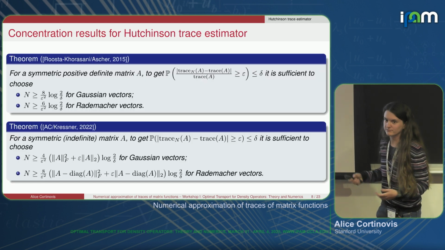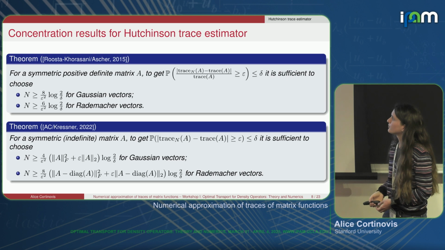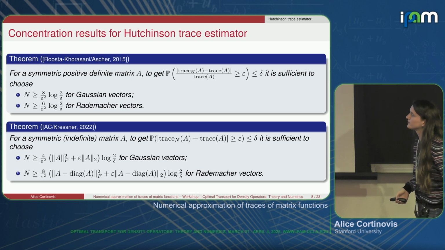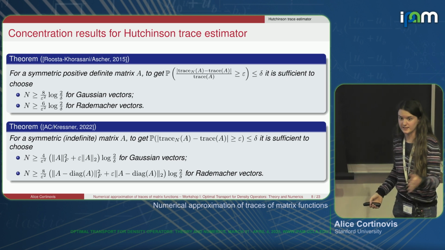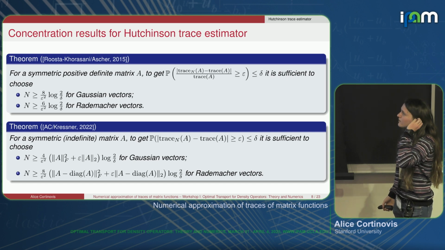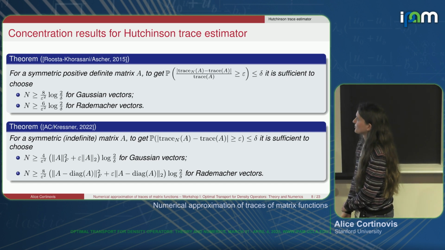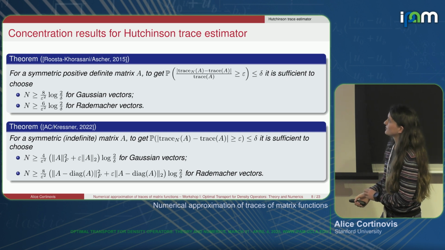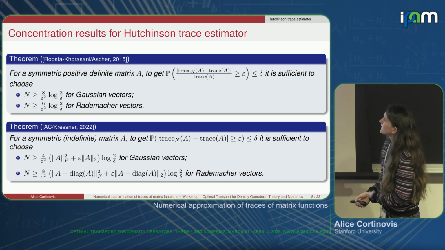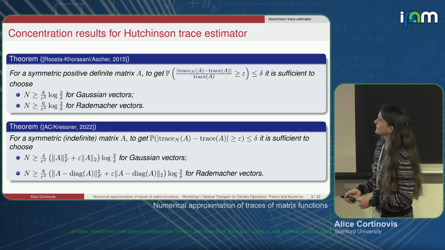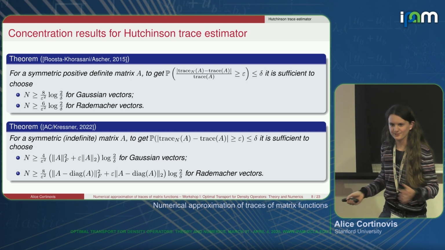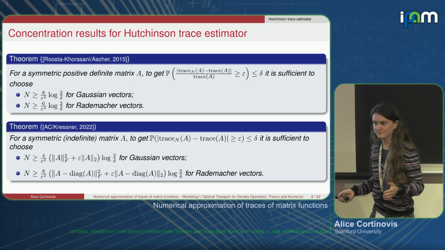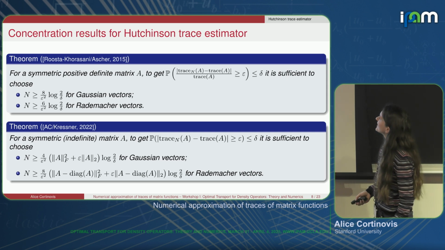There are various results on this, both for symmetric positive definite matrices and for symmetric indefinite matrices. So let me go slowly through this slide. If your matrix A is symmetric positive definite, then you can look at the relative error, because you're sure that the trace is positive, so you can divide by the trace.